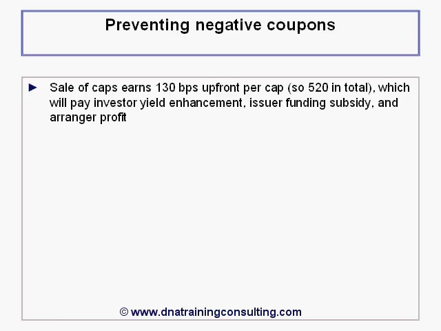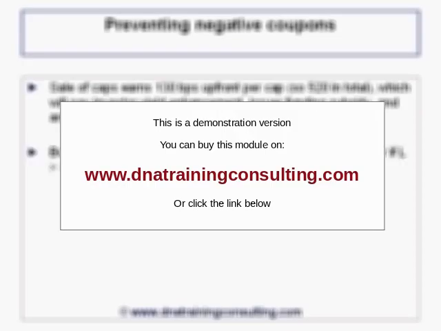Somewhere above a LIBOR of 5%, the formula would appear to give rise to a negative coupon. Yet the term sheet makes clear that this is not permitted. Specifically, the coupon formula would become zero if in fact LIBOR reached 4.93%, and would become negative if LIBOR goes any higher.